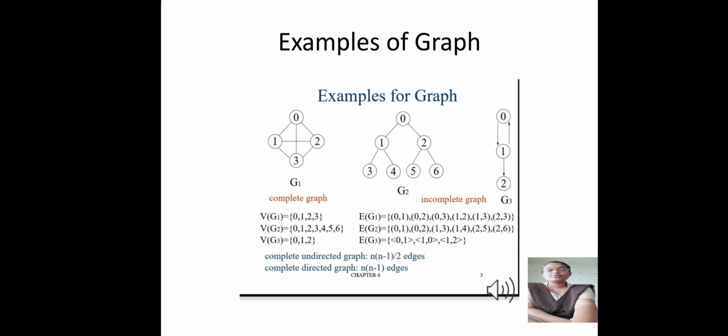Here we have only 3 edges: 0-1, 1-0, 1-2. So we require 6 edges to be a complete graph, but here they gave only 3 edges, so it is an incomplete graph. So from this, the complete graph is G1 and the incomplete graphs are G2 and G3.